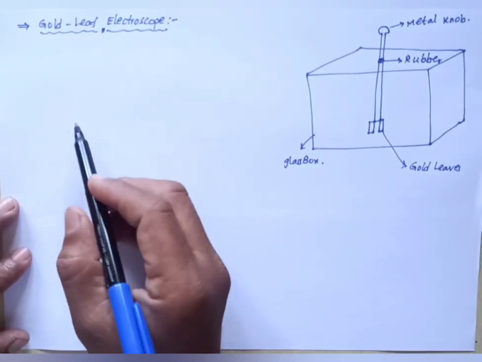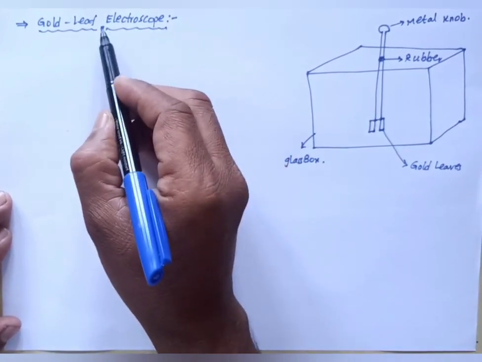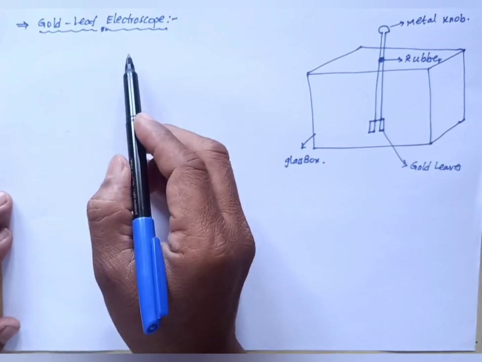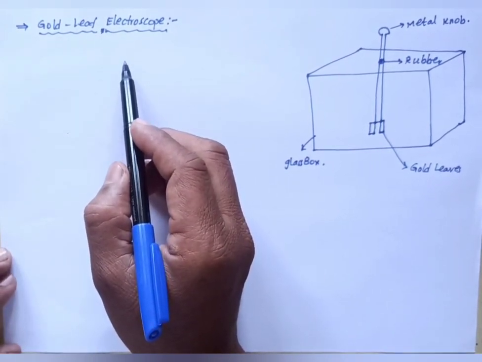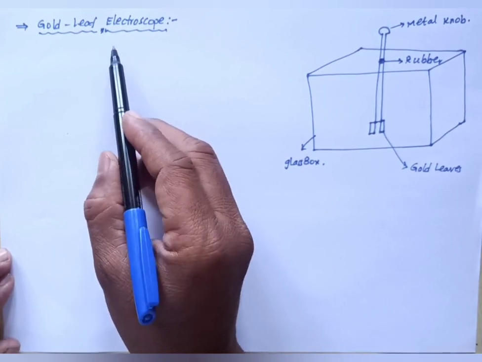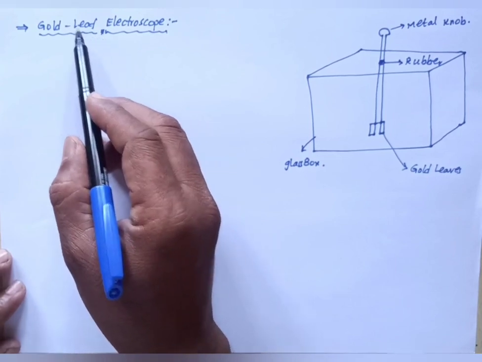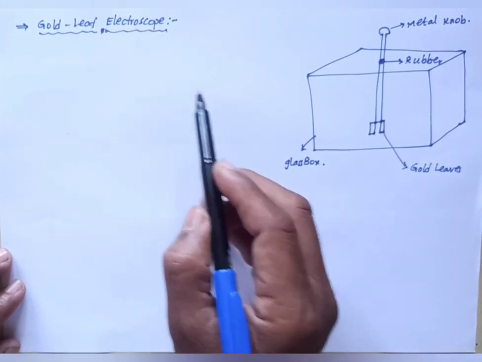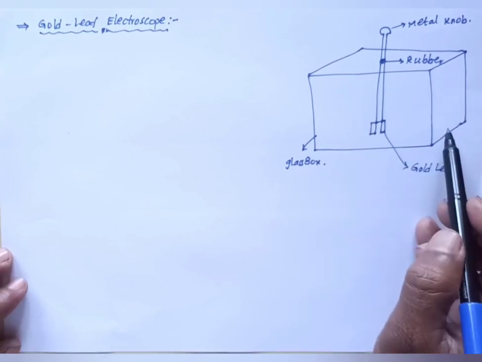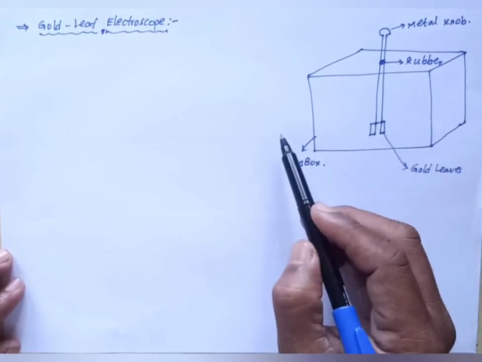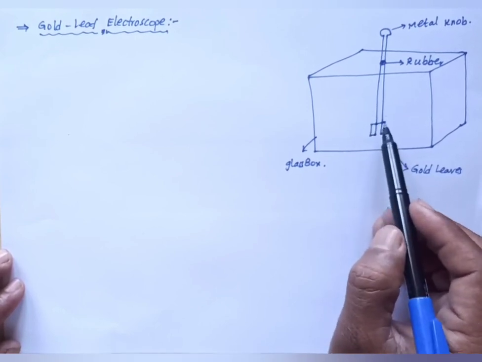So next topic is gold leaf electroscope. A gold leaf electroscope is an apparatus to detect charge on a body. It consists of a glass box, so we can see outside what happens inside the box.